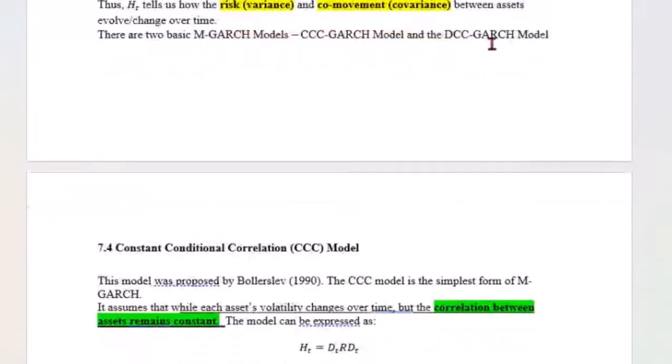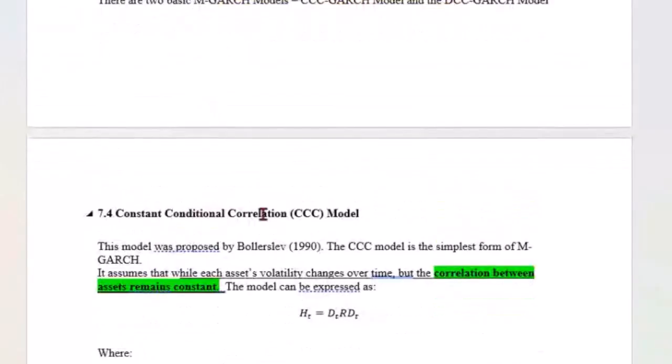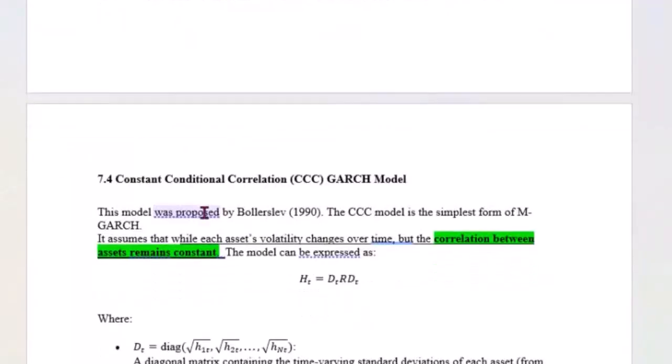Now we shall be looking at each one of these, the CCC GARCH and the DCC GARCH. The difference is just actually the terms. The first one is the constant conditional correlation GARCH model. And the second one is the dynamic conditional correlation GARCH model.